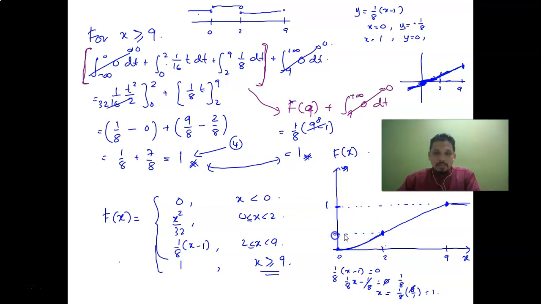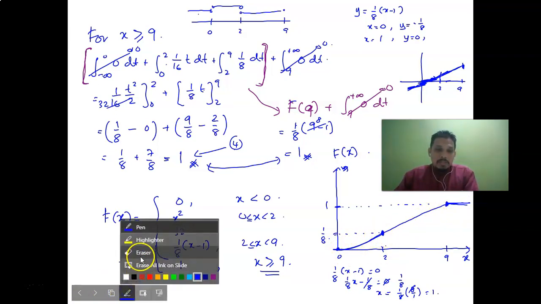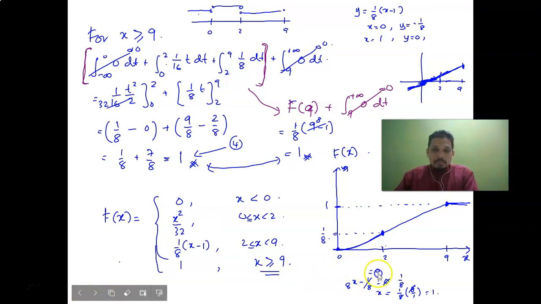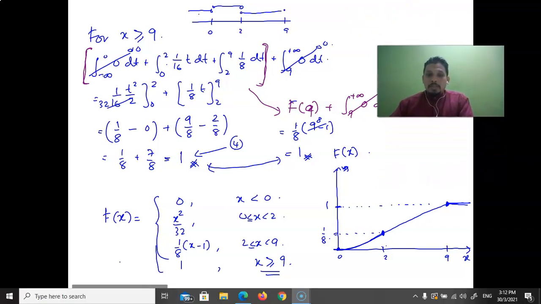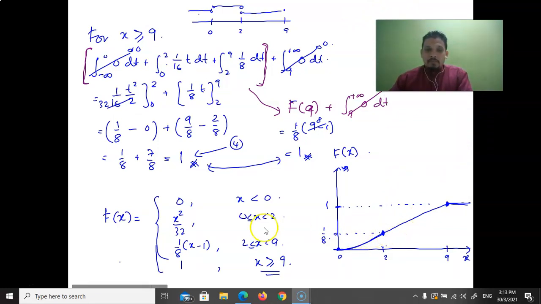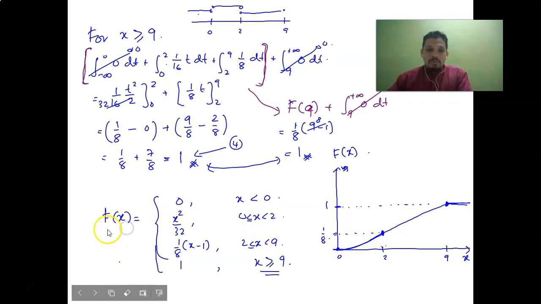And this is equal to 1 over 8. So 3 different functions combined together. I'll clear this first, and also here. So class, this is the graph for this cumulative distribution function.